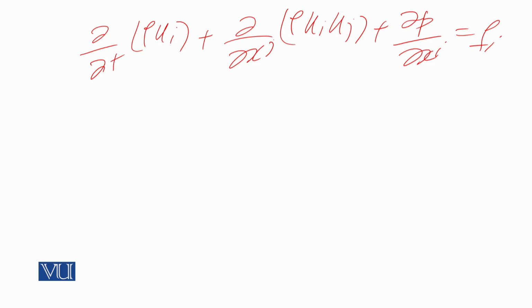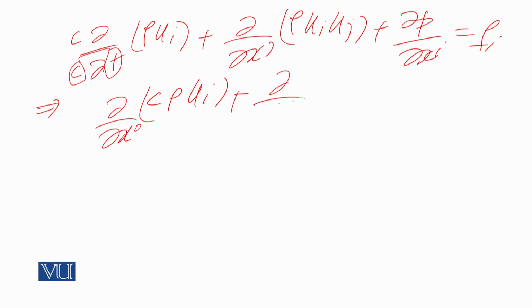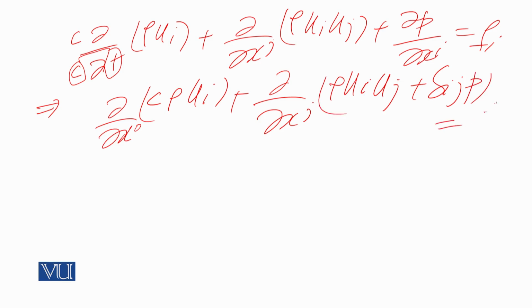Now, if we multiply and divide this equation by c, the c will come inside because it is a constant, and when we multiply c with t, it will be partial by partial x naught. So, I can write partial by partial x naught of c rho u_i plus partial by partial x_j of rho u_i u_j plus delta_ij p is equal to f_i. So, this is the equation here.